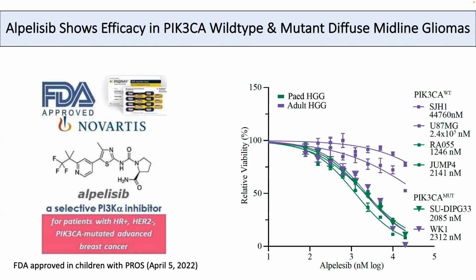So indeed, we were able to validate our genetic dependency findings using this drug inhibitor, which clearly showed that the PI3 kinase wild type and mutant pediatric gliomas were equivalently sensitive to alpelisib compared to adults, where only the PIK3CA mutant adult glioma was sensitive compared to the wild type cell lines.